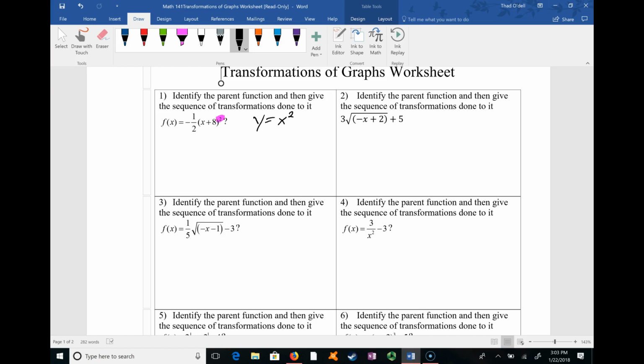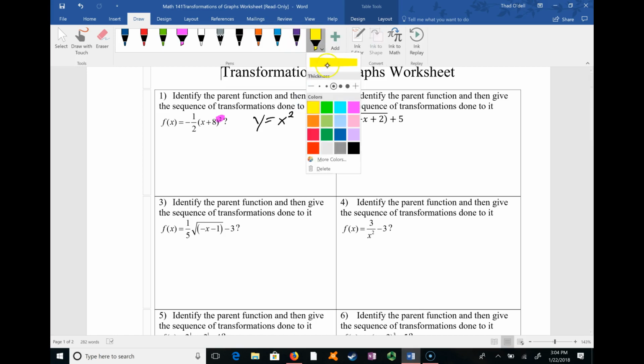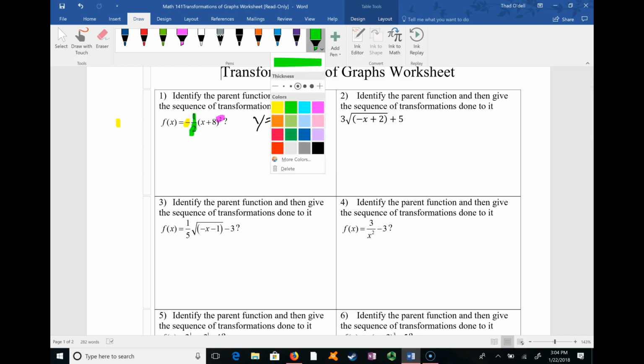So then we look at this and notice that there's really a couple different things going on here. There is the minus sign, in yellow, there's the half, in blue, and there's the +8. So we need to identify what each one of those things are doing.